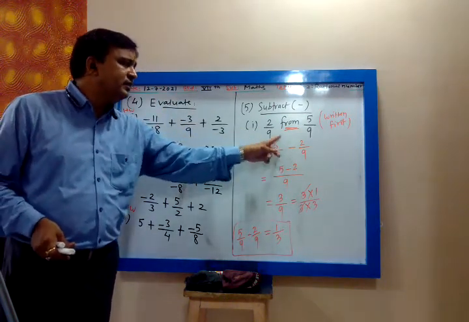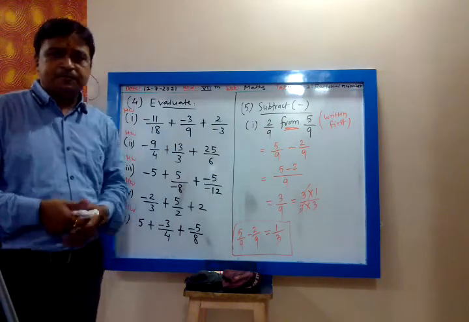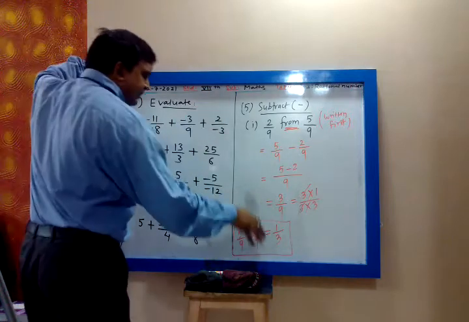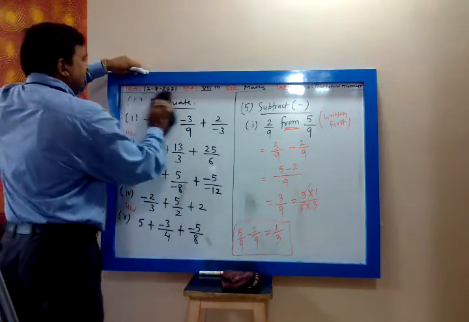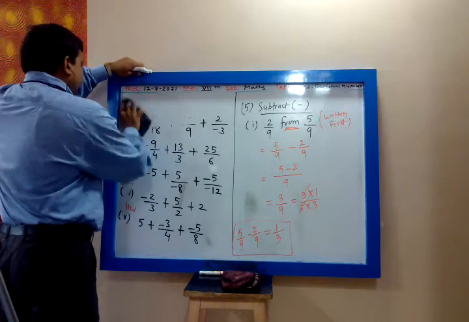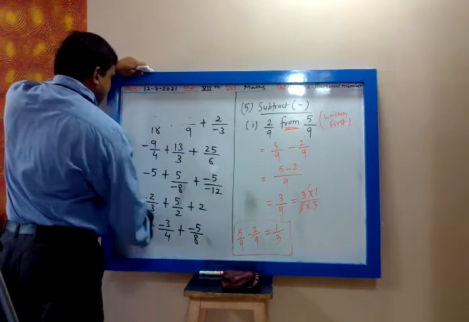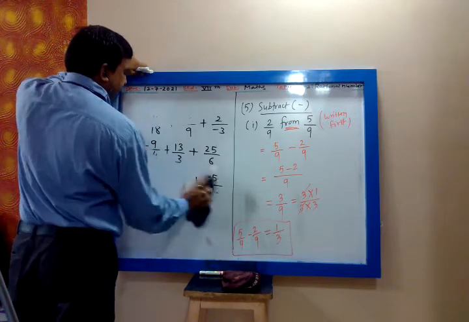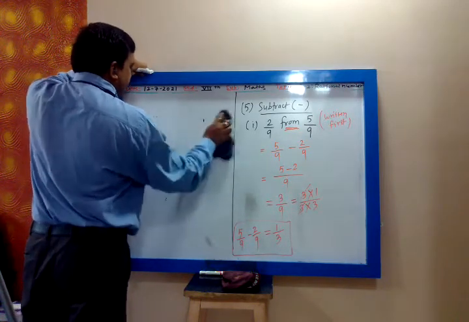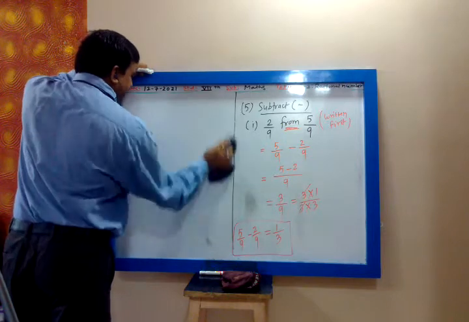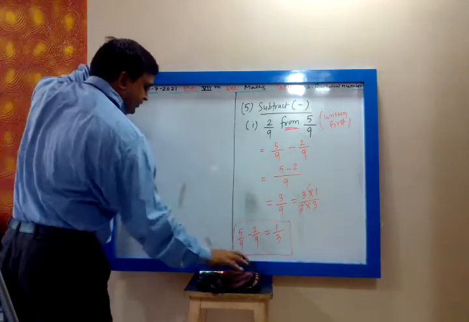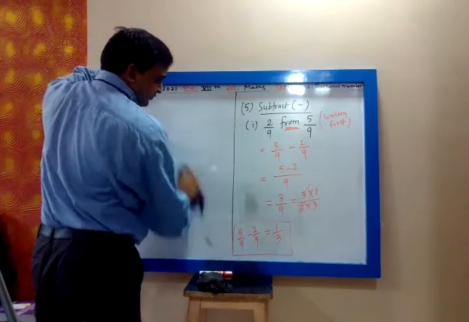Subtract means minus sign. Which number? 2 by 9. In an exam, in a hurry, if you write 2 by 9 minus 5 by 9, the answer will become wrong. So whichever number is after "from," that we write first.